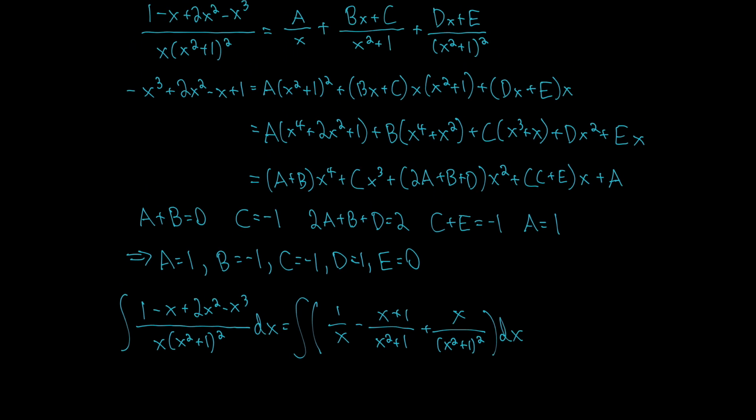Because when we split it, we said that it was a over x, bx plus c over x squared plus 1, and dx plus e over x squared plus 1 squared. And now that we know what those coefficients are, we just plug them in.